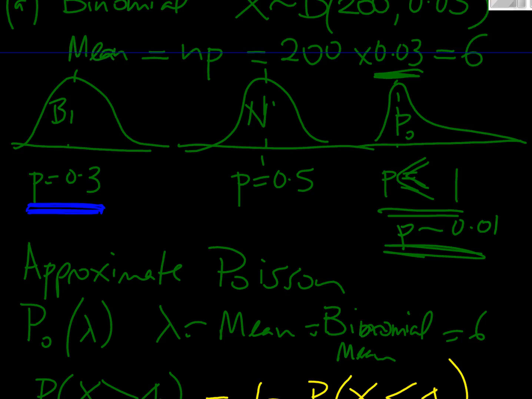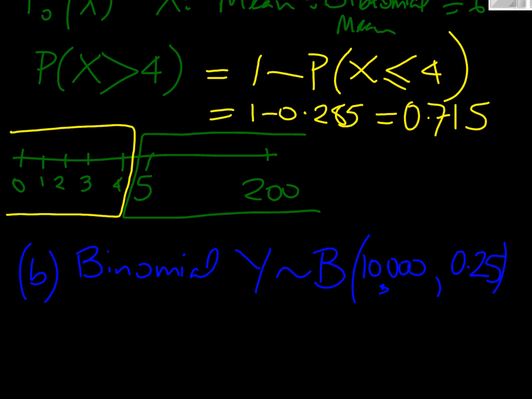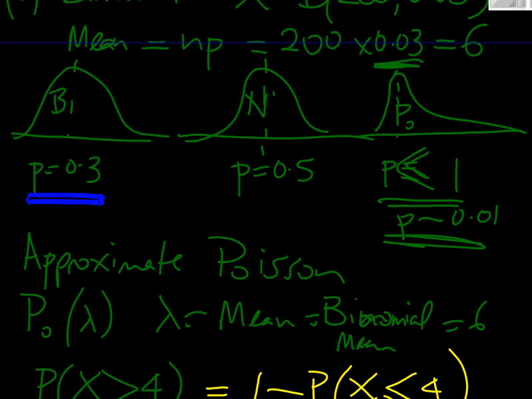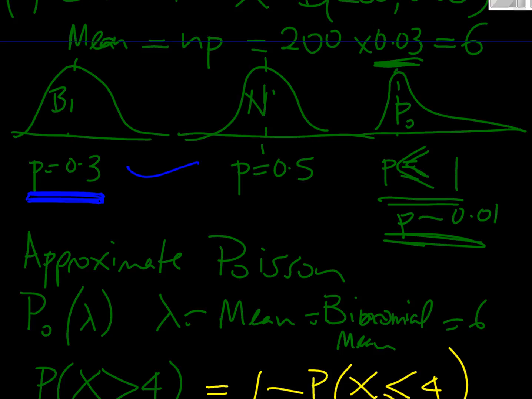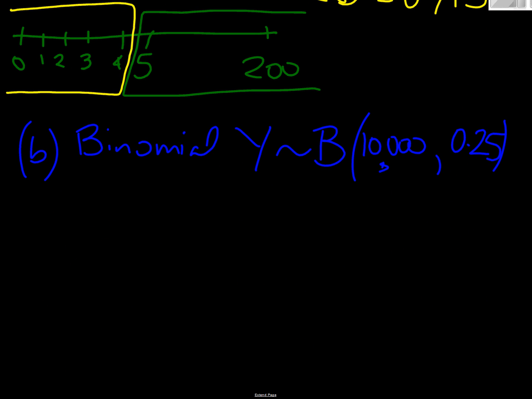And as long as we've got a large number of events, so that our mean isn't very, very small, we can approximate from the binomial across to the normal, because they look quite similar there, don't they? They might have a bit of skew on them, but not an enormous amount. So let's start by having a look at the normal then.